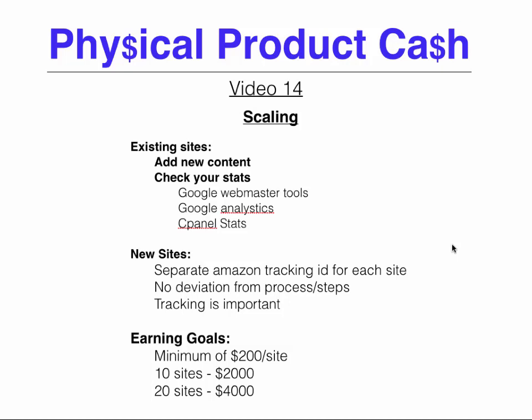The second type of scaling is creating new sites. There are hundreds of niches available. So once you have done the first site, you can go to the next site. Very similar, don't skip any steps in this step-by-step tutorial which I have provided you. Do as you have done for the first website.